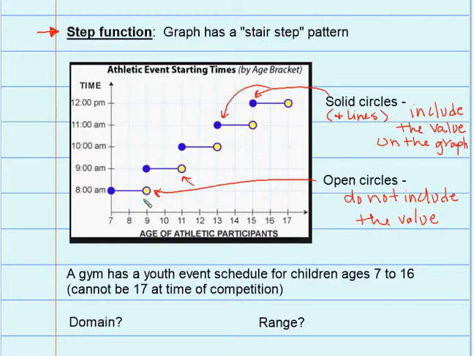Okay, and if we look at this, it looks like that our input of 9 has 2 outputs. It looks like 9-year-olds could start at 8 a.m. or at 9 a.m. But because this circle is open, 9-year-olds do not factor into this starting time. So all the way up to, like, say your 9th birthday is tomorrow, you would start at 8 a.m. But if you are already 9 years old, you start at 9.